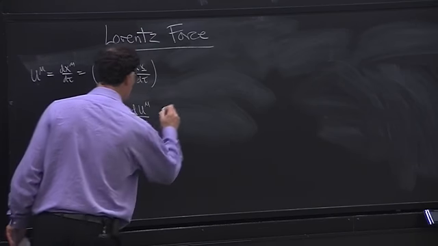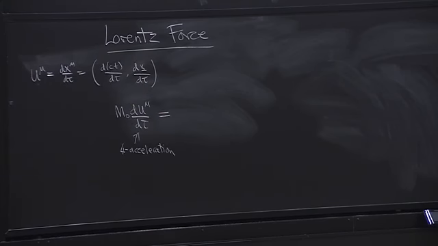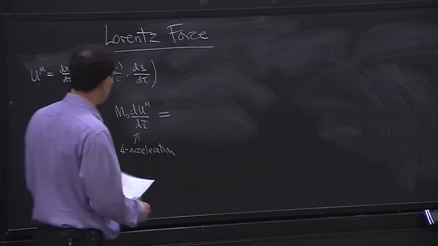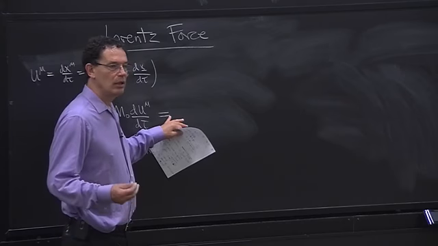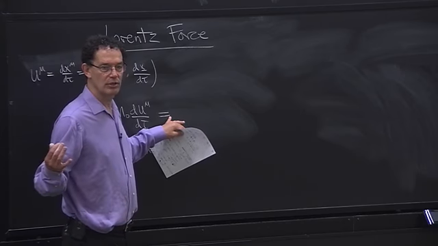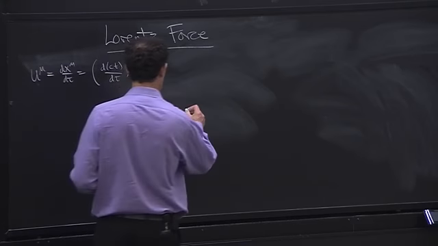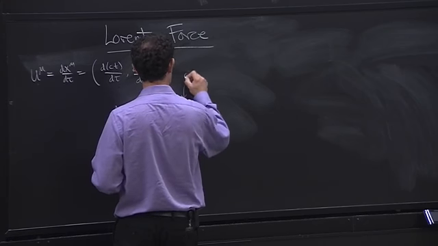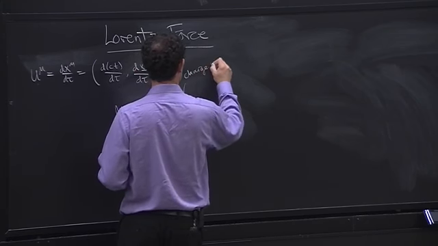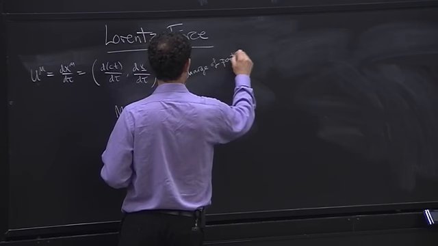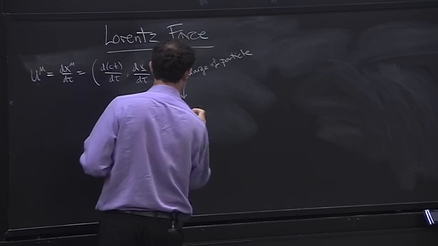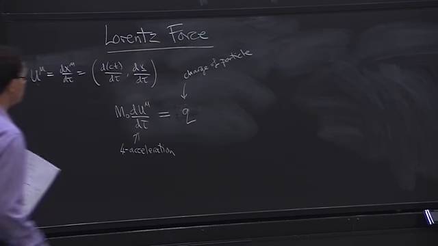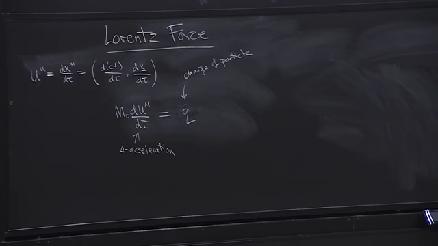And we have to equate this to something involving the field strength tensor. Now, particles have different charges. So the one thing we know is that that force is going to be proportional to the charge. This is the charge of the particle. Let me call it little q. It's just some number measuring the charge of the particle. And what else can I put on the right-hand side?